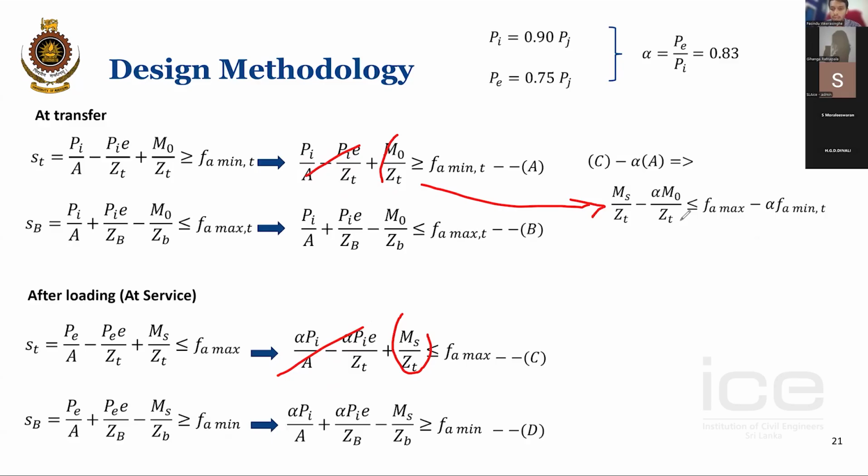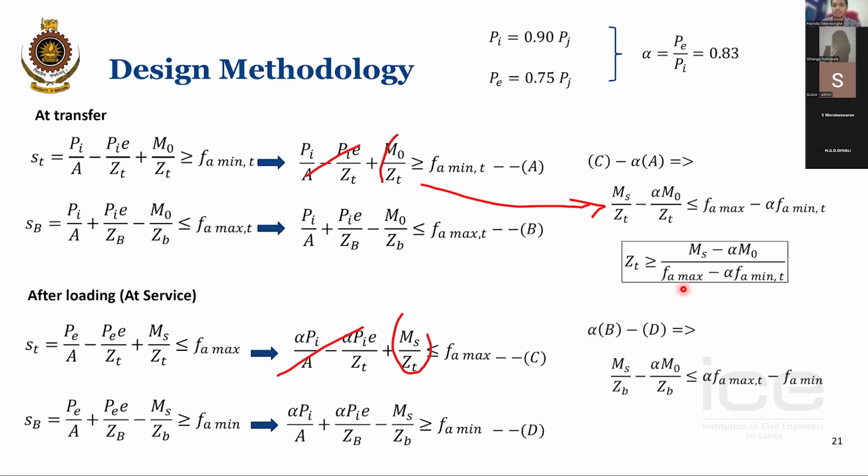And if you rearrange this a little bit more, I can get the expression for the section modulus at the top part, ZT, which is therefore Ms minus alpha times M naught, where Ms is the moment at the serviceability condition after loading, and M naught is the minimum moment when you have only the self weight.